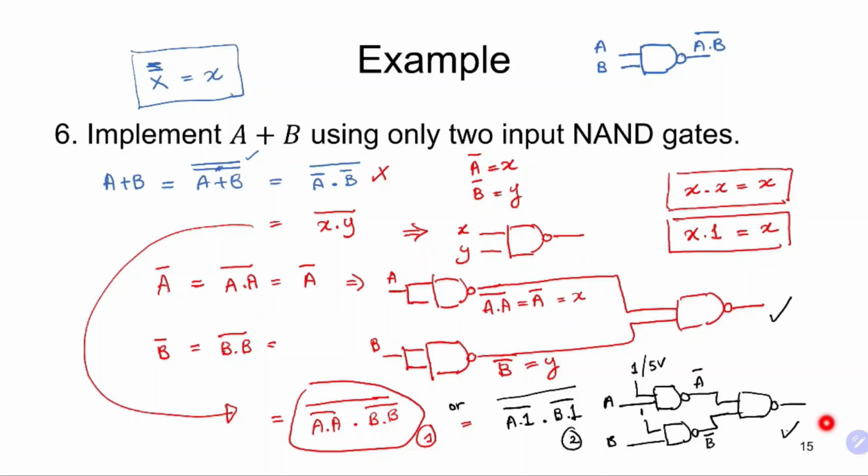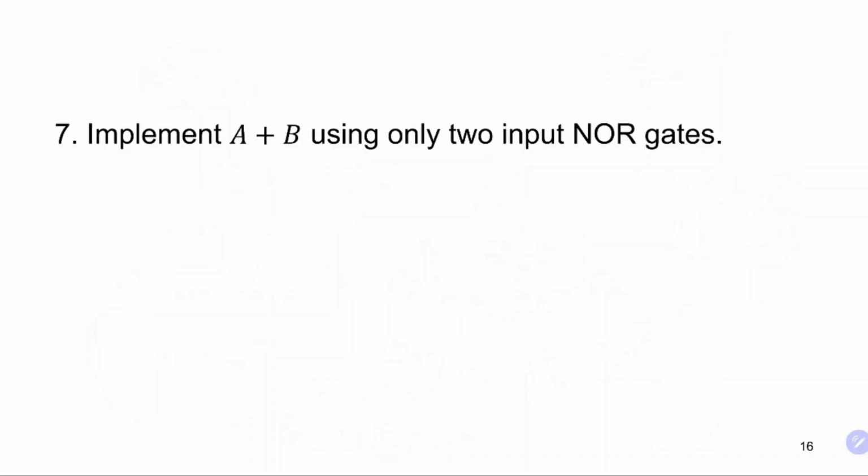This is a simple operation, just OR. So the question can be extended to maybe XOR and ask you to implement it using a NAND gate or using an OR gate, for example. This should be a simpler one. Implement A or B using a NOR gate.